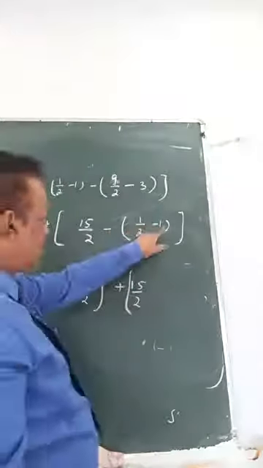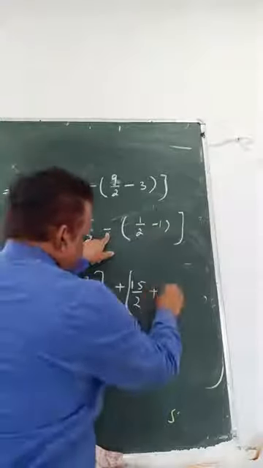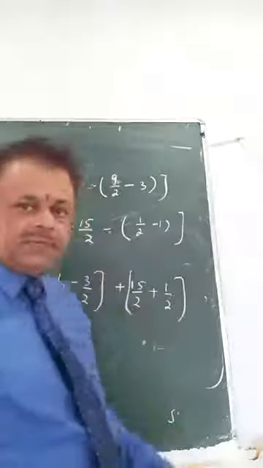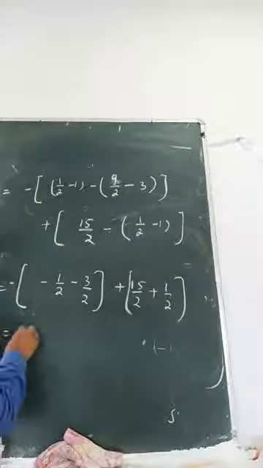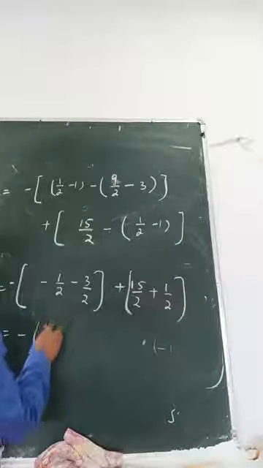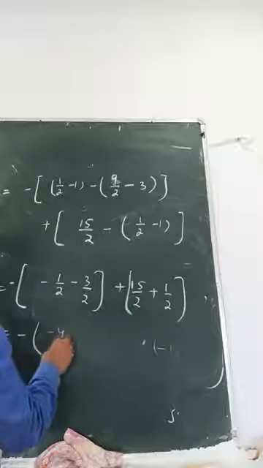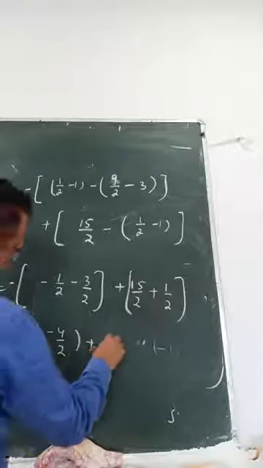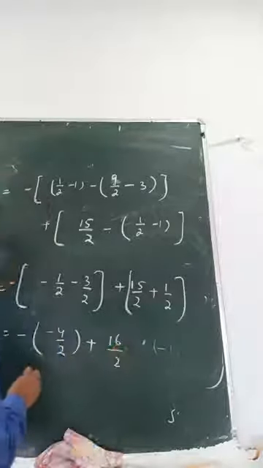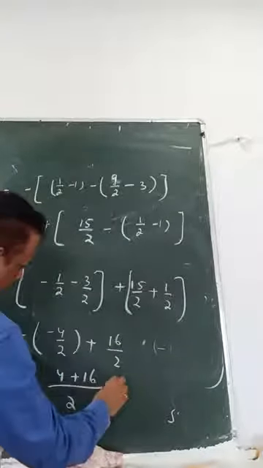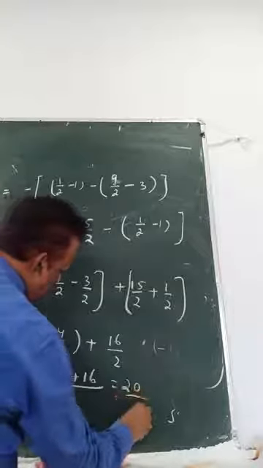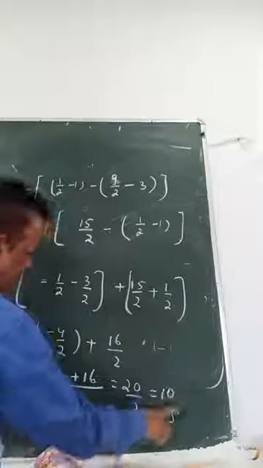This is minus of, minus will be plus of. Calculation you have to be very careful, so mistakes come this way only. So it is minus 4 by 2 plus 16 by 2. So 2 is the LCM, 4 plus 16 is 20 by 2, this is 10. So like this you can do.